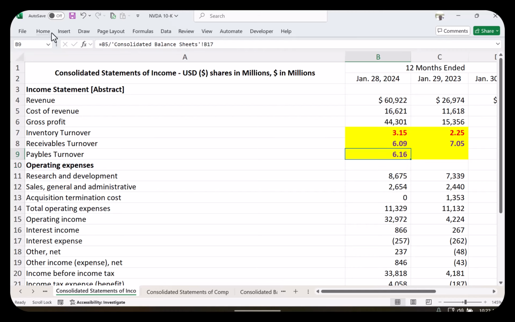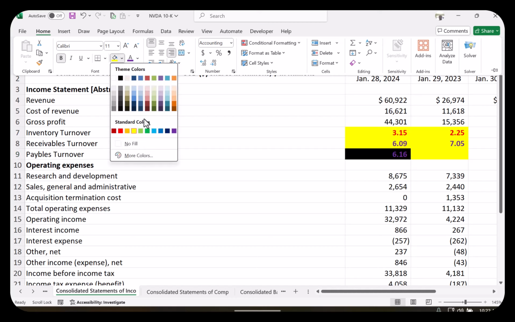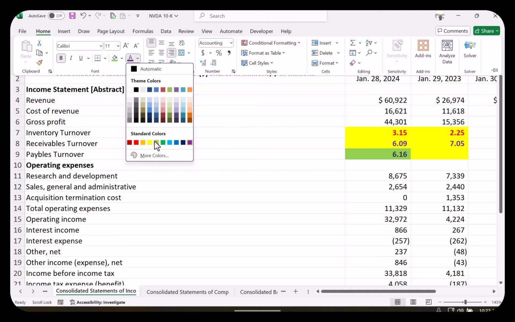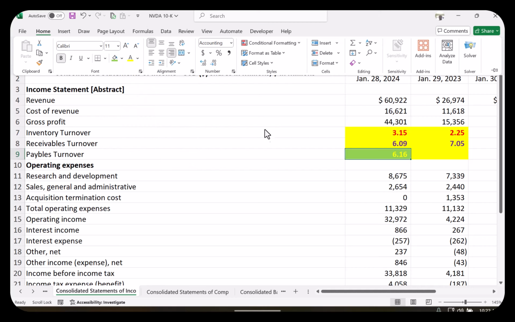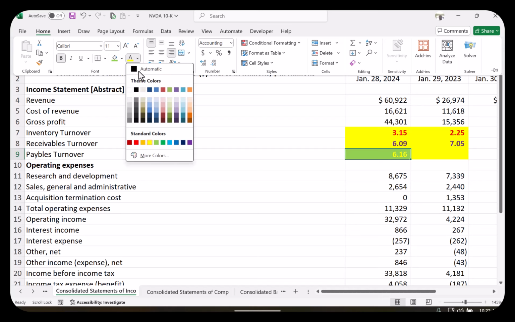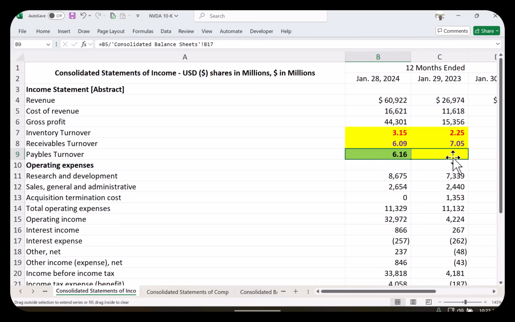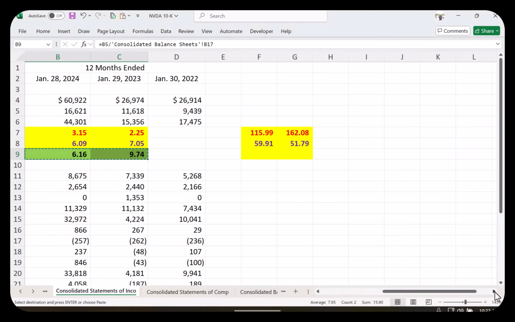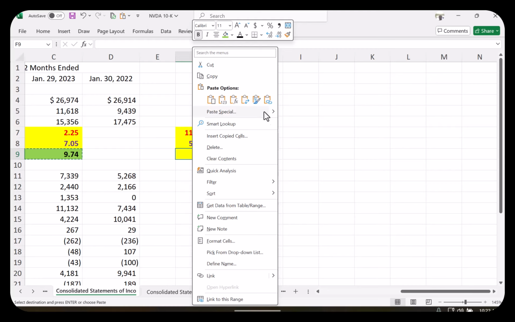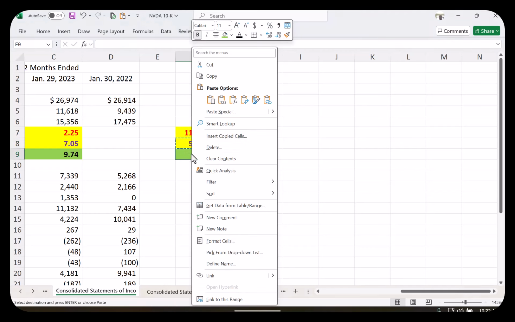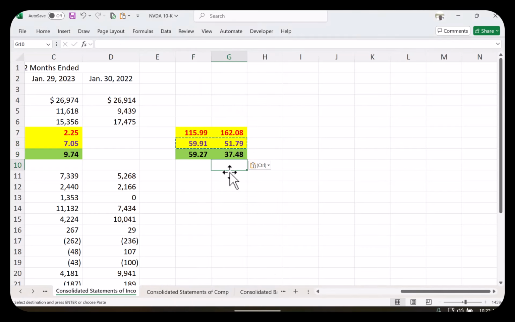Let me use a different coloring set there. How about green background and yellow font? No, that's too light. Copy. I'm going to format just the formulas.